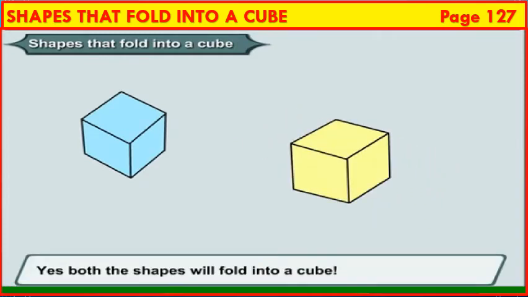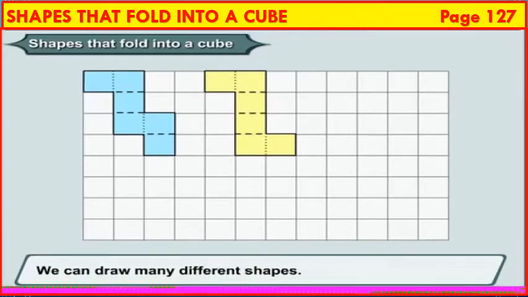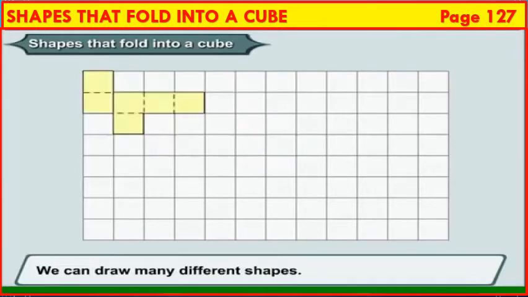Yes, both these shapes will fold into a cube. Draw at least one more shape which can fold into a cube. Well, we can draw as many different shapes as we want. Well, I'll show you one. Like this, alright?